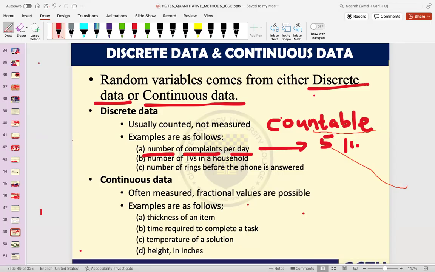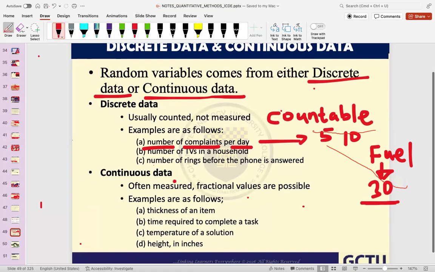If 10 people came, you knew 10 people came. Or the example I gave you, if you are in a fuel filling station and you're a fuel attendant, and then 30 cars came, you can tell your boss that 30 cars came and I have made sales on 30 cars. So that is discrete data. You have counted it.